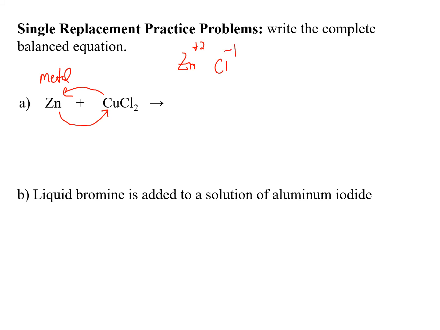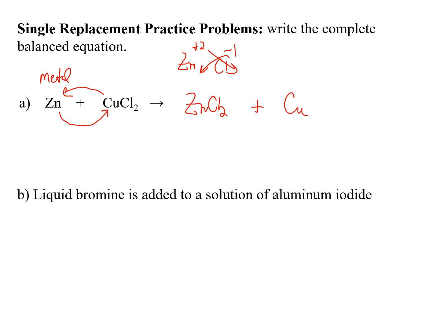Chloride is a -1. Crisscross and we get ZnCl2. And copper is now written in its elemental form. No charges. It has a charge of 0 in its elemental form. And that one's already balanced. Let's try the next one.